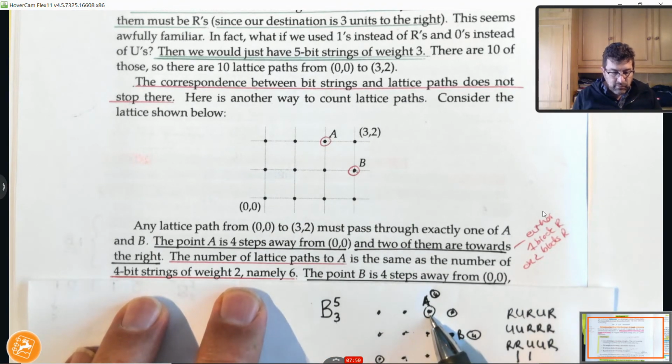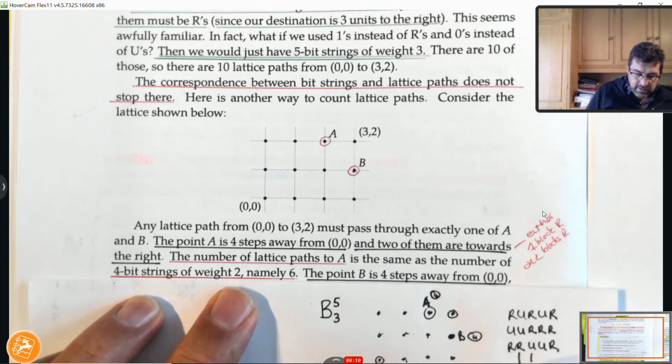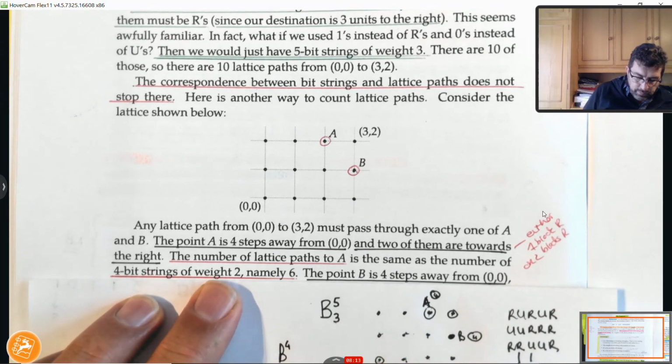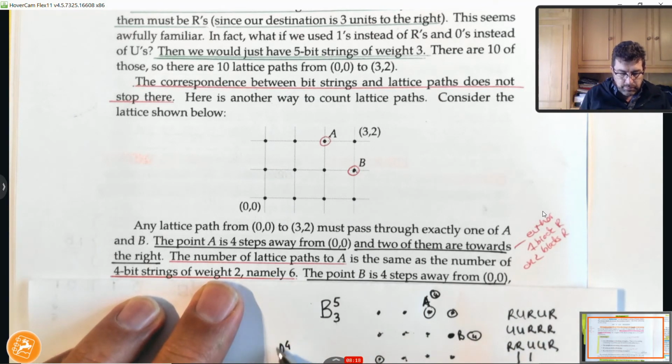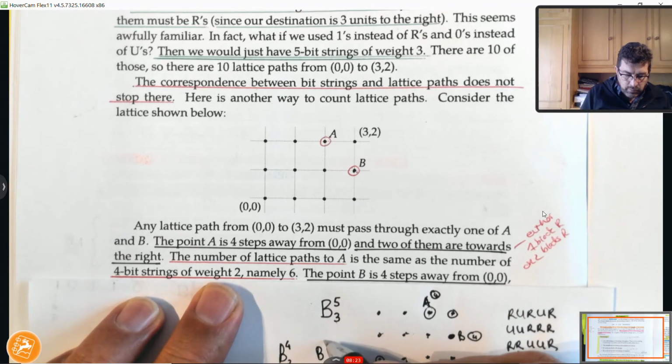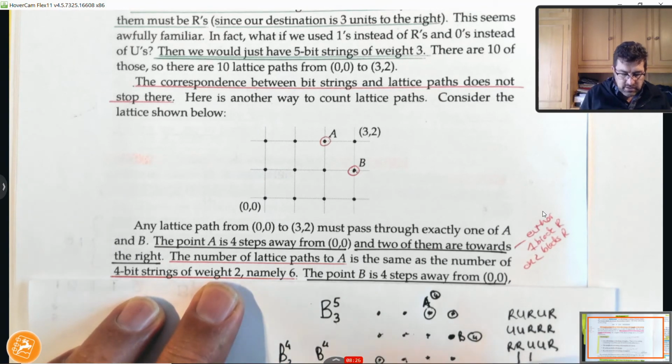4-bit strings of weight 2, so meaning 1, 2, 3, 4, of which 2 moves are to the right, or 4-bit strings with weight 3 R's. So to get to that point, because we need to move through one of those two, we have 4-bit strings with a weight of 2, or we can have 4-bit strings with a weight of 3.